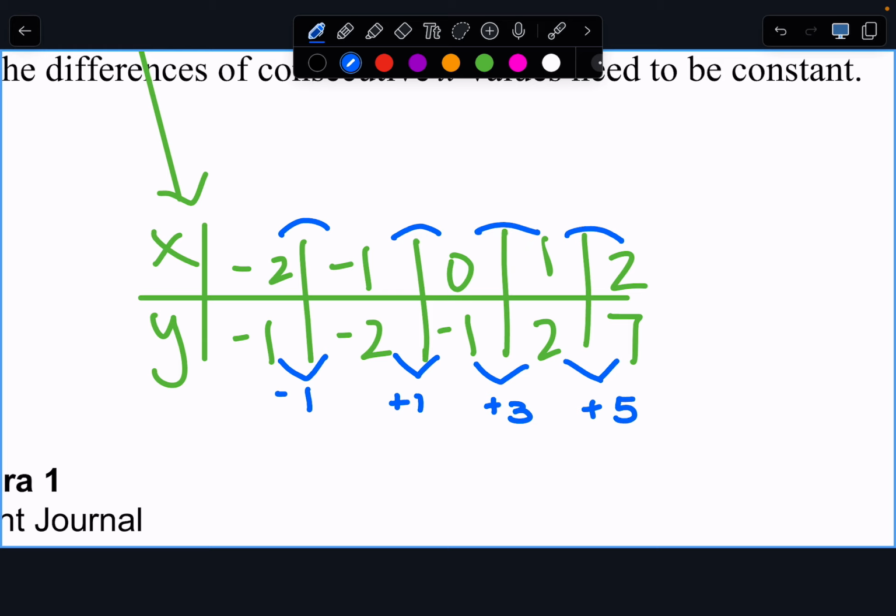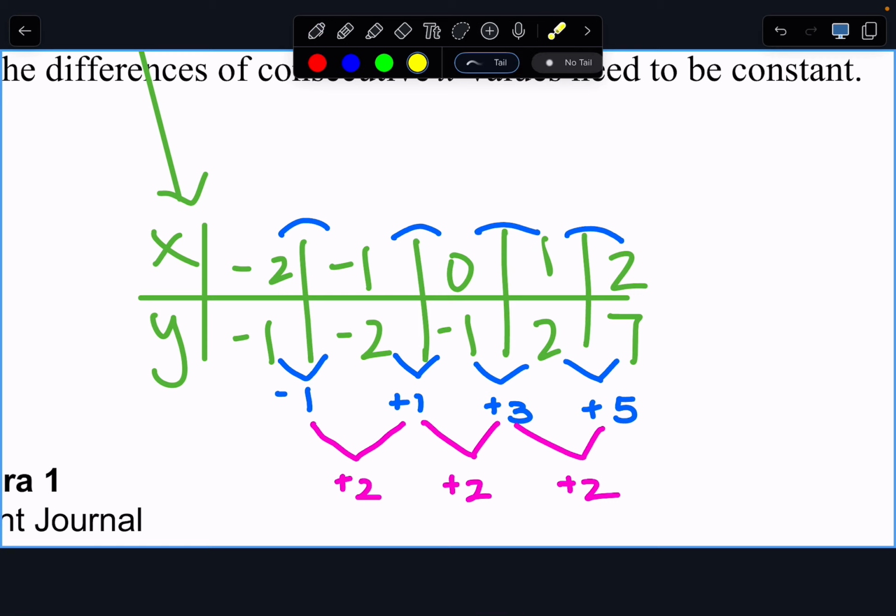Okay. So then we look at those numbers. -1 to +1 is up 2. 1 to 3 is up 2. 3 to 5 is up 2.